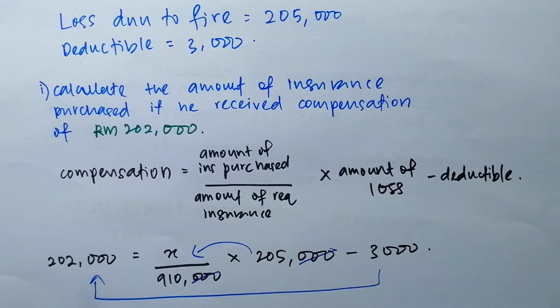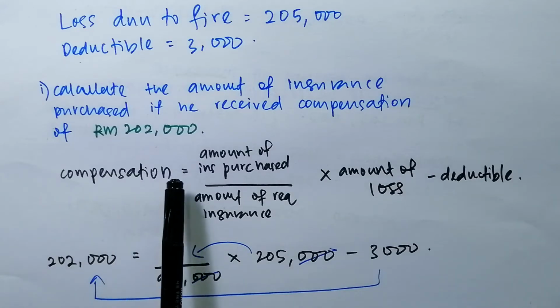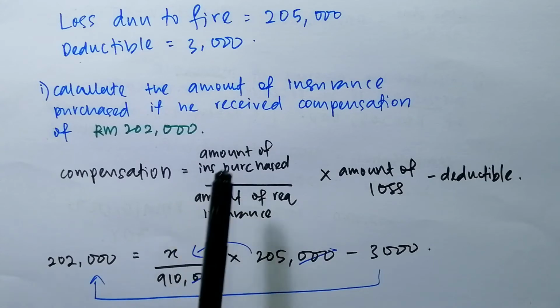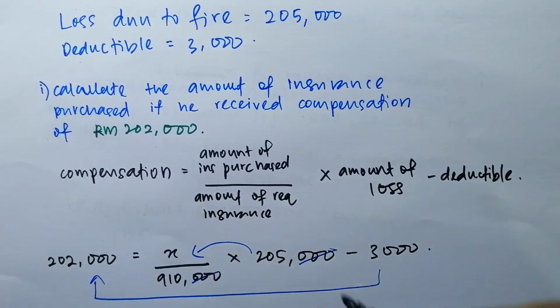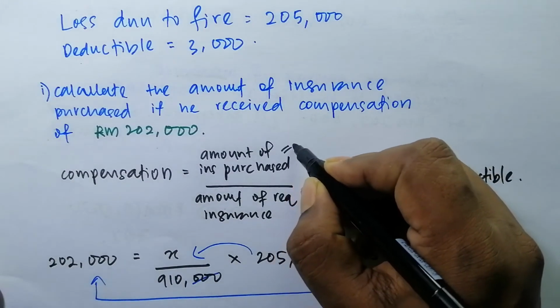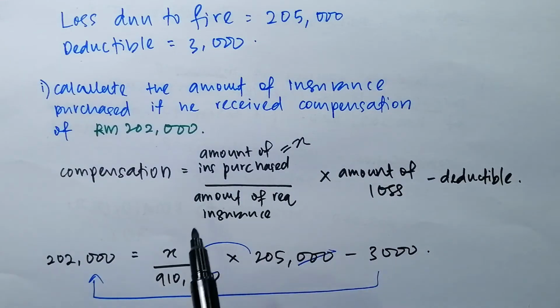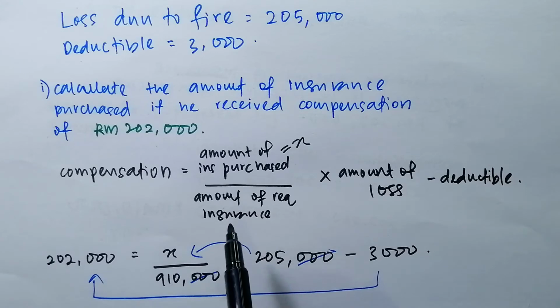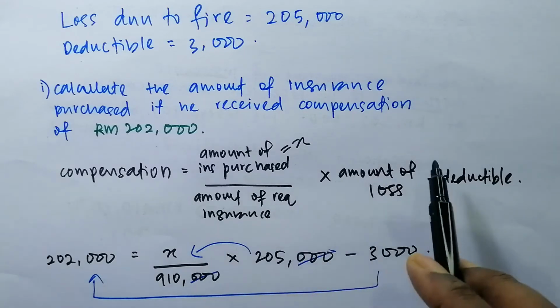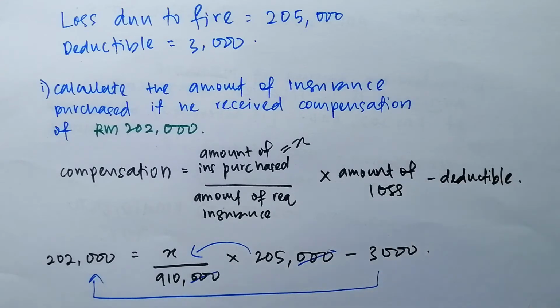The formula for this calculation is very simple. Compensation is equal to amount of insurance purchased, which is what we need to find out, let's call this X, over amount of required insurance, the minimum insurance that the insurance company wants Geylang to purchase, times amount of loss minus deductible.